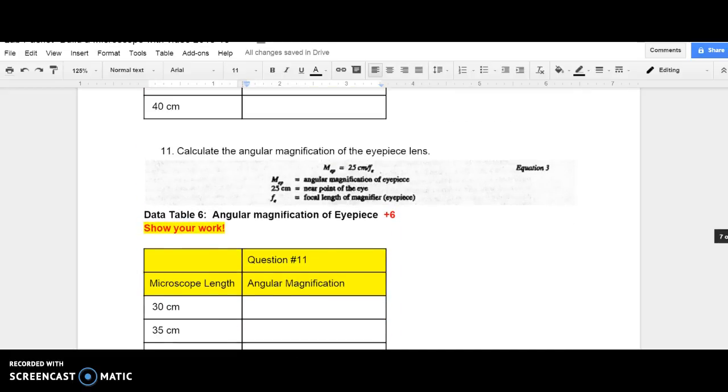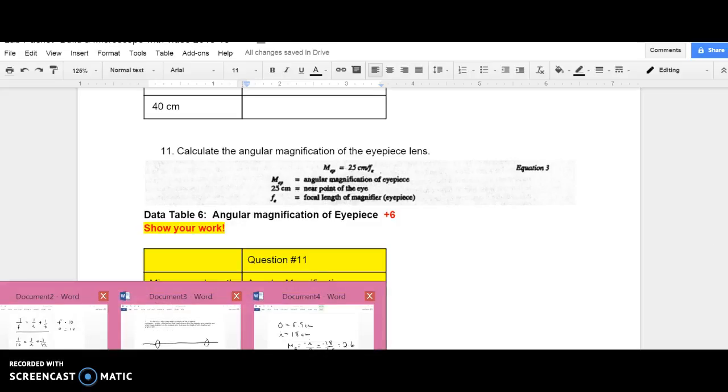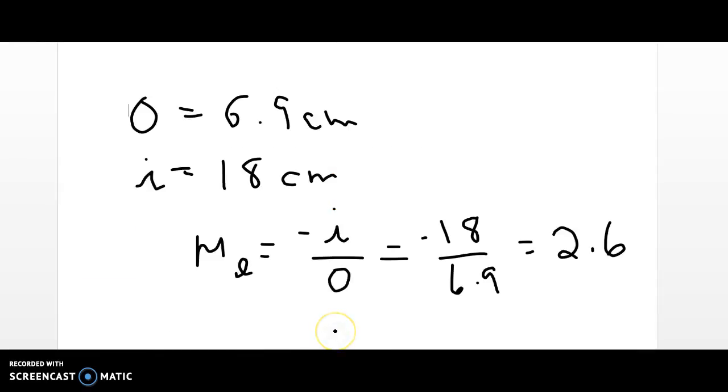Question 11 says to calculate the angular magnification of the eyepiece lens. And that's even easier. The equation is just 25 centimeters divided by the focal length of the eyepiece lens. So back over to here.